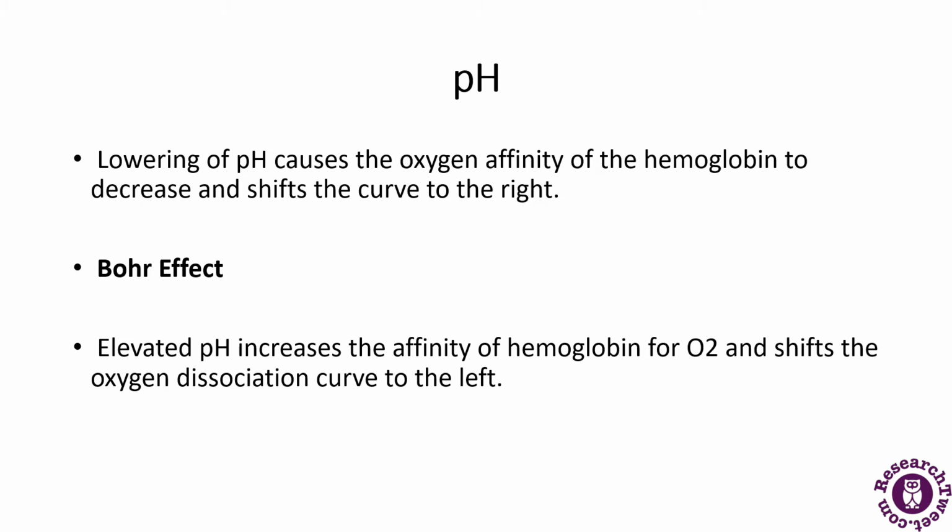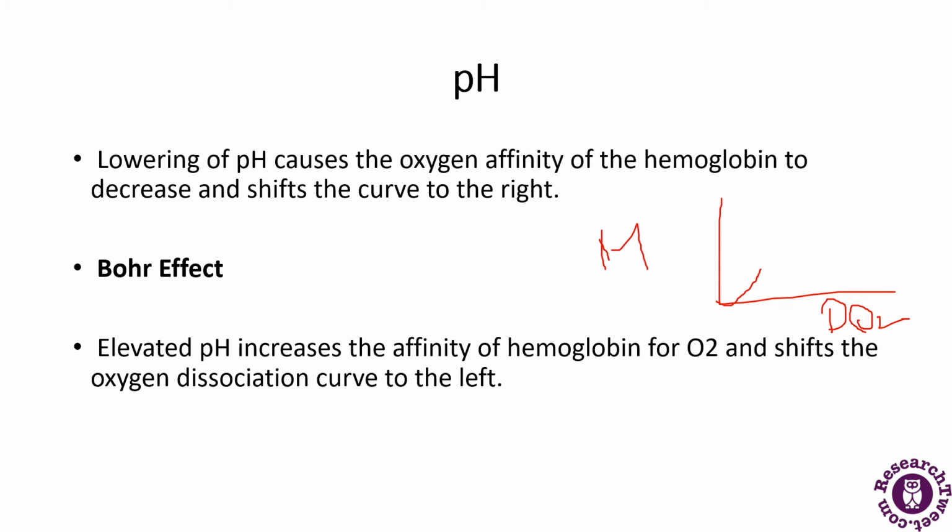If we lower the pH, it causes the oxygen affinity of hemoglobin to decrease and shifts the curve to the right. As you can see in the graph represented in the previous slide, this is the PO2, the oxygen partial pressure, and this is the percentage hemoglobin saturation.